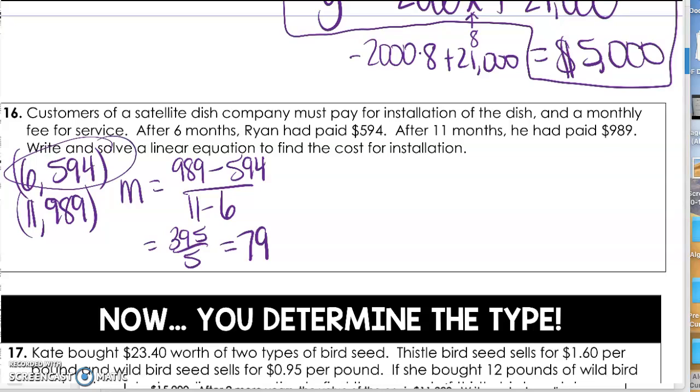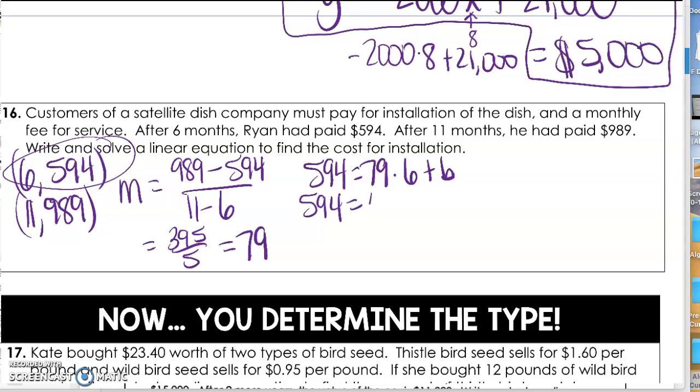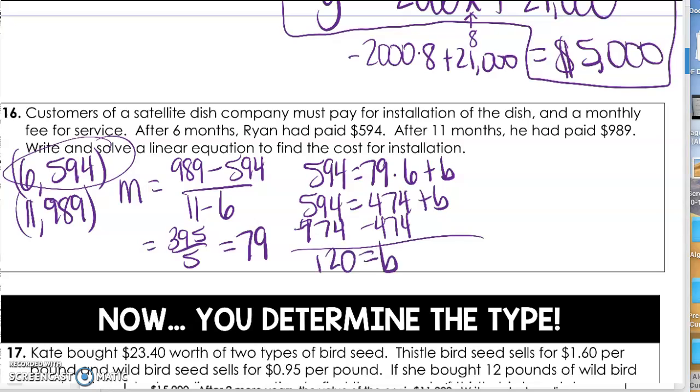So I'm going to use the smaller one to write my equation. 594 equals 79 times 6 plus b. So 594 equals 474 plus b. So subtract 474, and we get 120 for b.